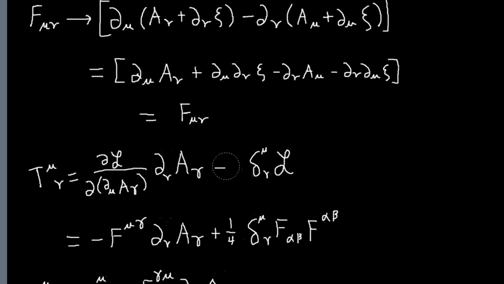And so we can note that it is not symmetric. So this term is symmetric because of our delta function, but this term, if we exchange mu and nu, yeah, it's just clearly not going to be the same thing. So it's not symmetric.